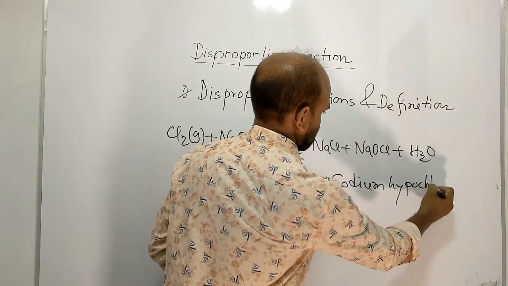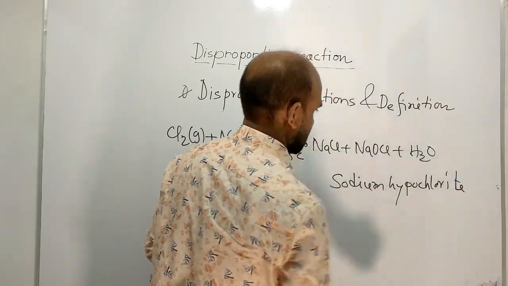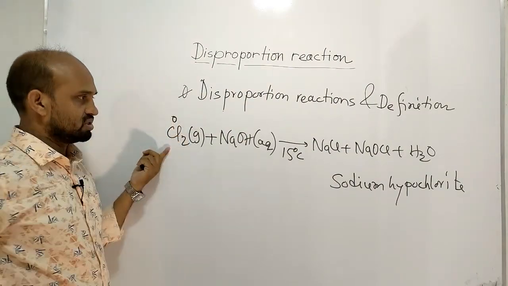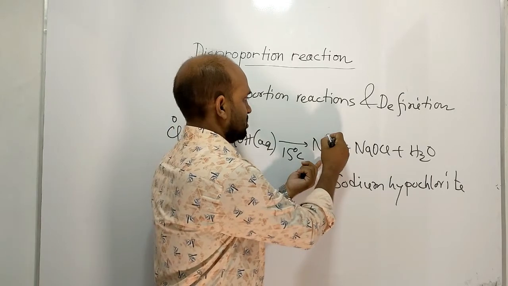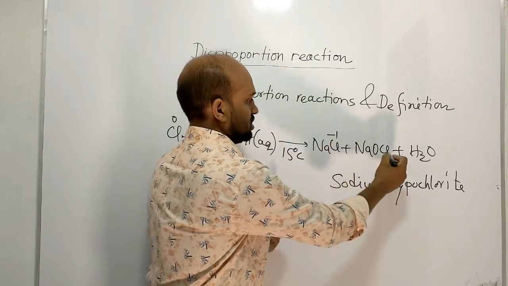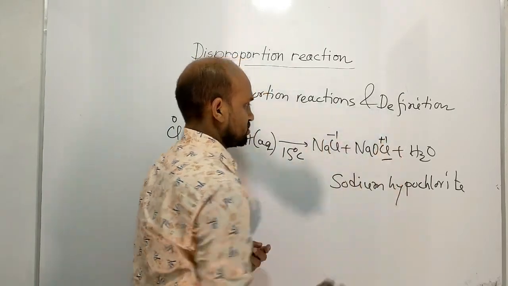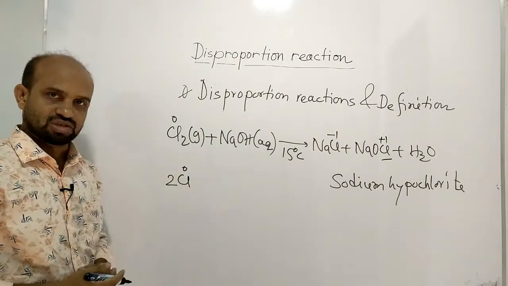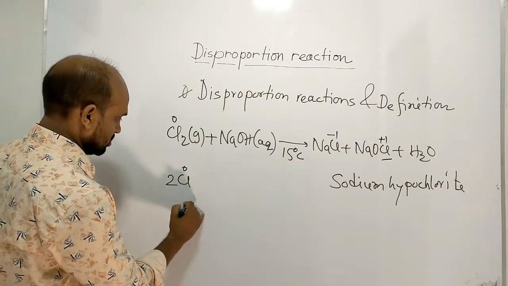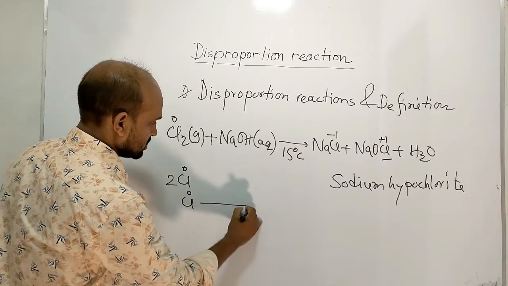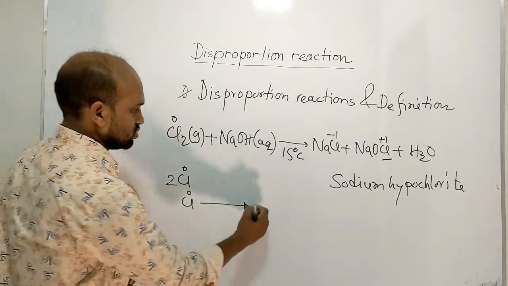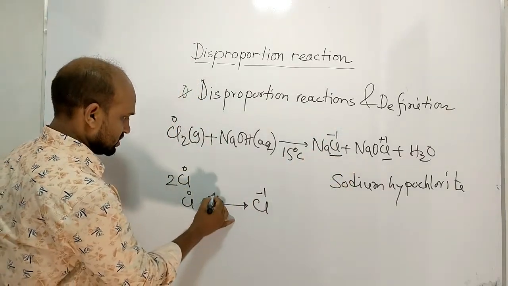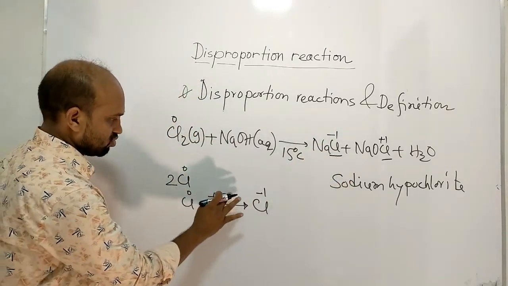Here the oxidation number of chlorine is 0, here -1 and here +1. Two atoms of chlorine with oxidation number 0. From these two, one atom is changed to chloride, accepting one electron.